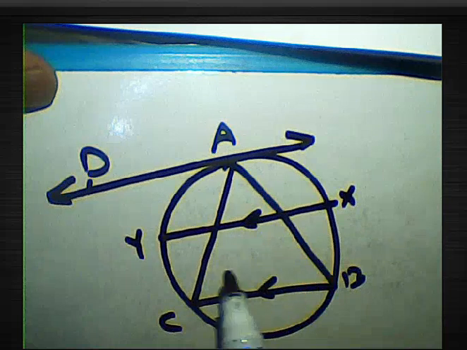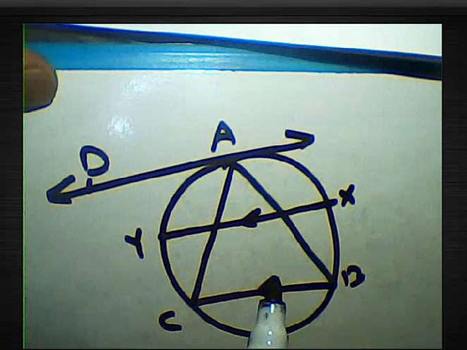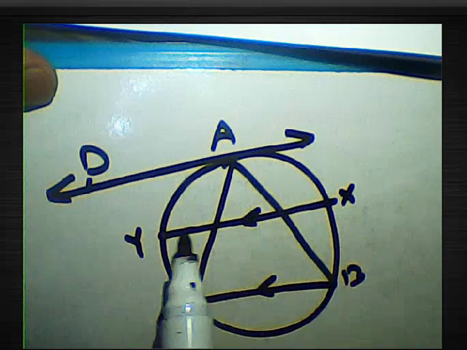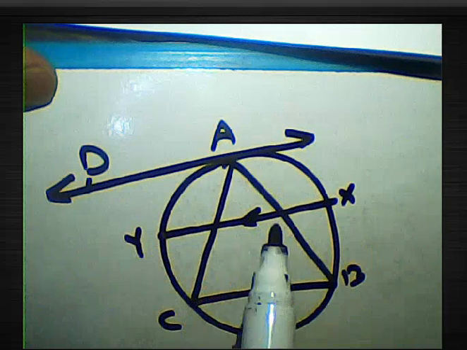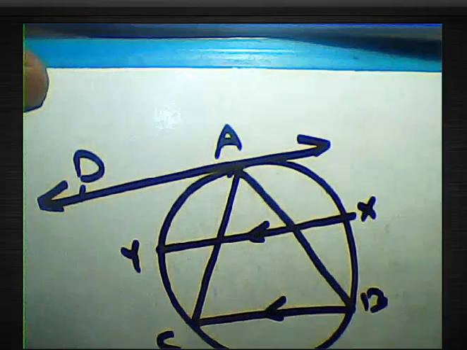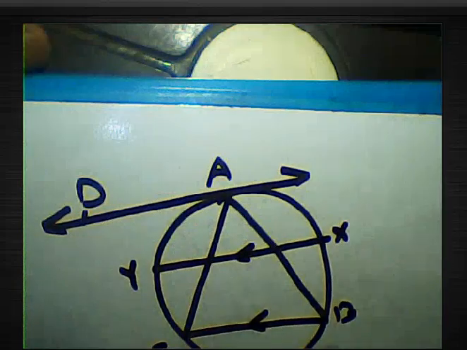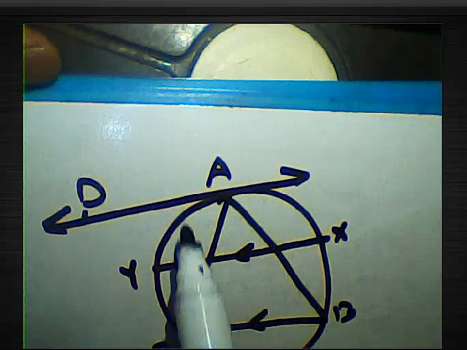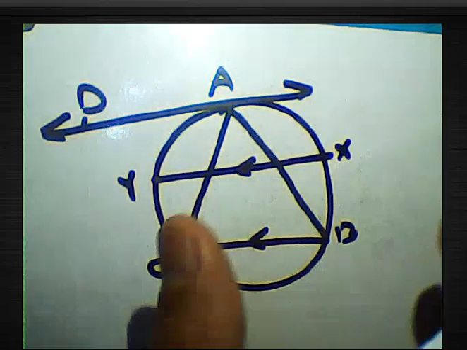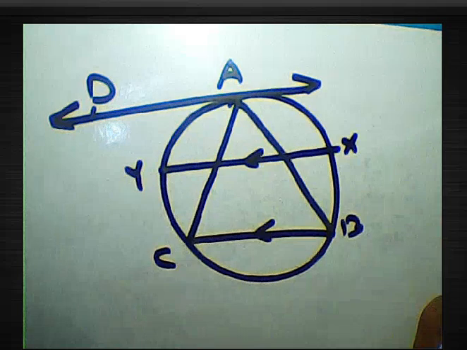Prove that AD is a tangent of the circle passing through the points A, X and Y. He wants to prove that AD is a tangent of a circle which passes through the points A, X and Y. If we have a new circle passing through the points A, X and Y, prove that AD is the tangent.